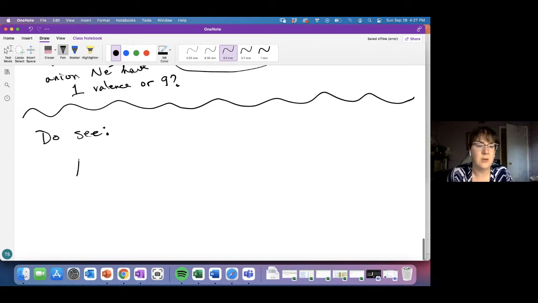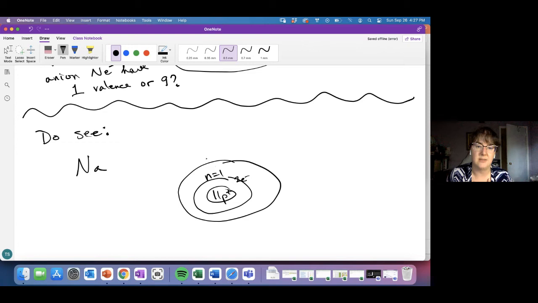What you usually do see is something where you have sodium, and sodium has 11 protons in its nucleus. So it's going to have an n equals 1 with 2 electrons, and an n equals 2 with 8 electrons. And when it's neutral, sodium has that n equals 3 and 1 electron.